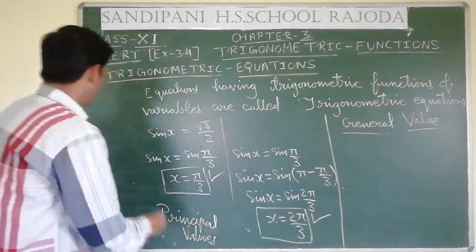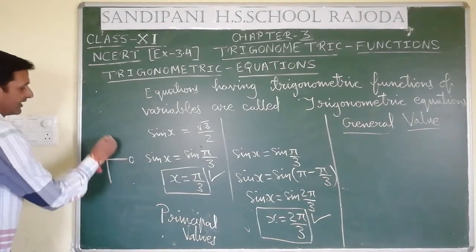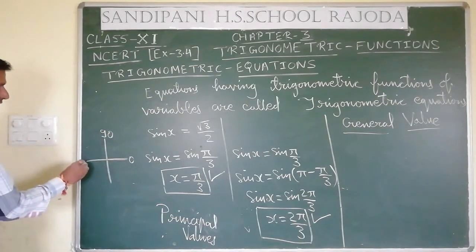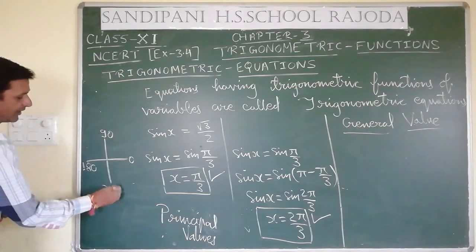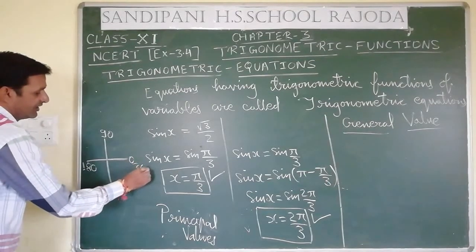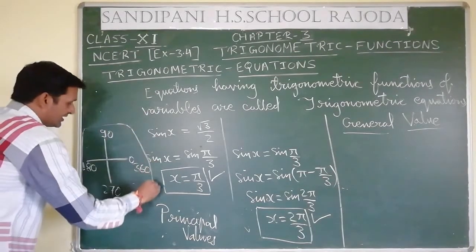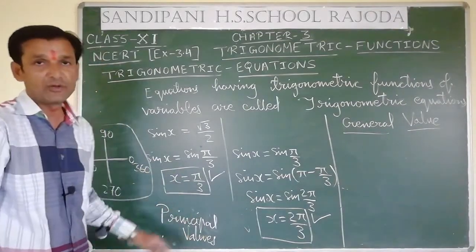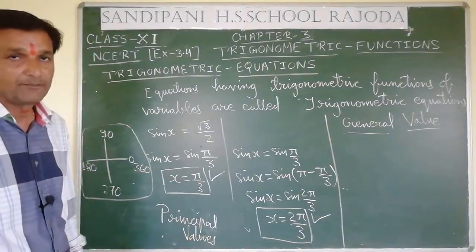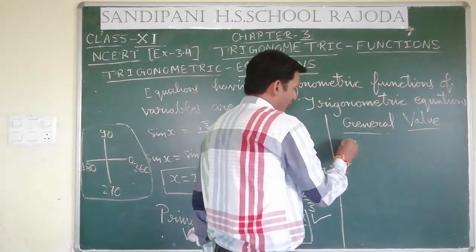According to that table, from 0 to 90 degrees it is the first quadrant, from 90 to 180 degrees, from 180 to 270 degrees, and from 270 to 360 degrees. So in between these quadrants, the principal values can be assigned. But for the general value we have to apply a formula.